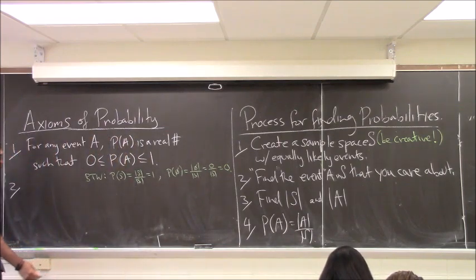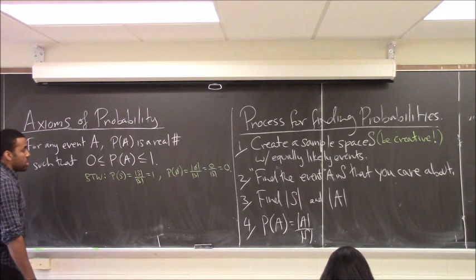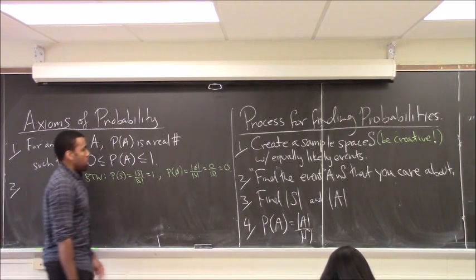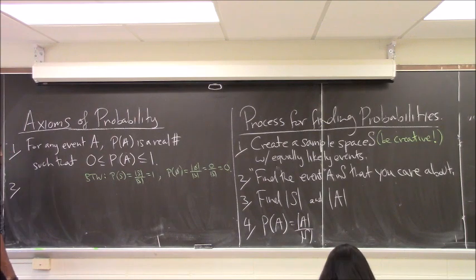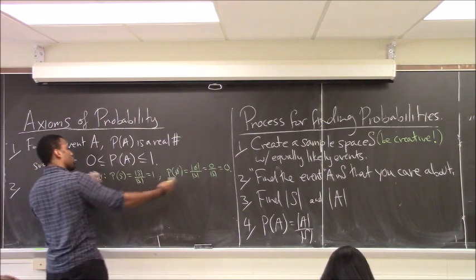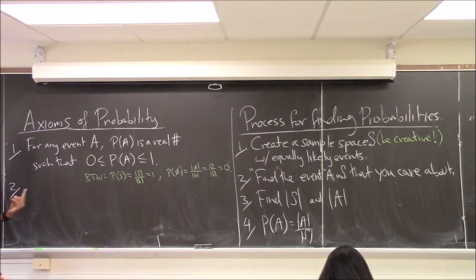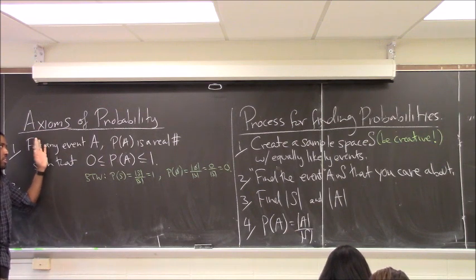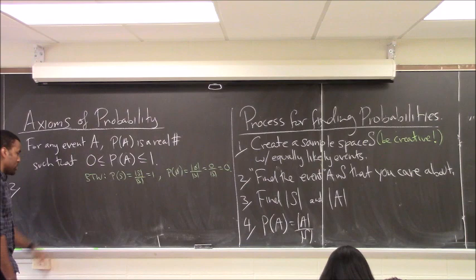So, maximum, everything happening potentially, probability of 1, or any one thing in there happening, probability of 1, and the probability that none of the outcomes are going to happen is going to be 0. And these are 2 extremes, so we take the axiom that it has to be between these extremes. Technically an axiom is something that you don't have to prove, it just makes sense to you in reality, so you just believe it.